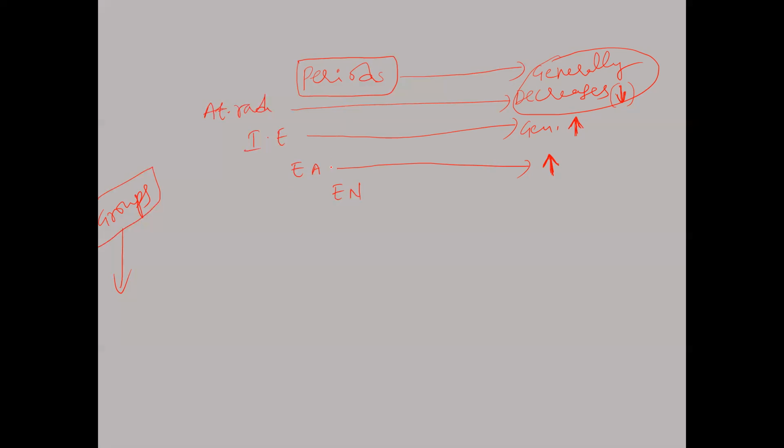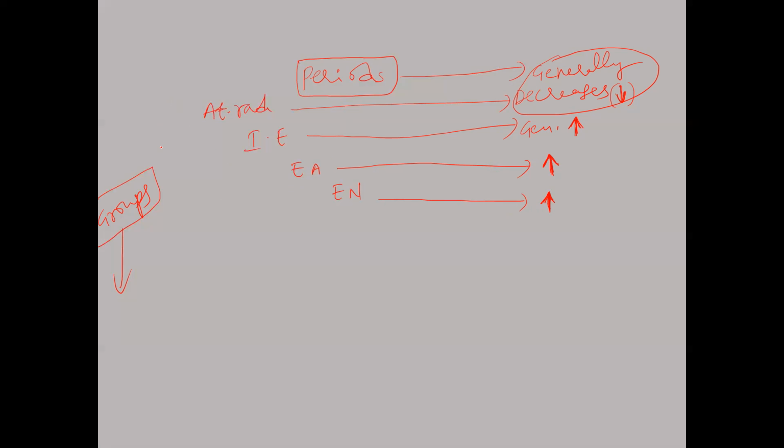So generally we are taking the statement that electron affinity or electron gain enthalpy will be increasing from left to right in the period because of decrease in size. Next, electronegativity also increases. Whenever size is decreasing, all these properties should increase generally. So electronegativity also increases from left to right in the period.